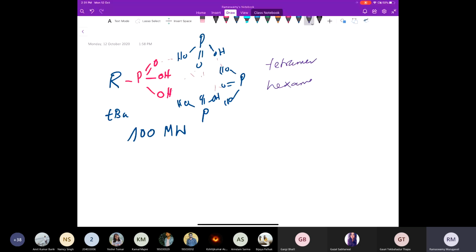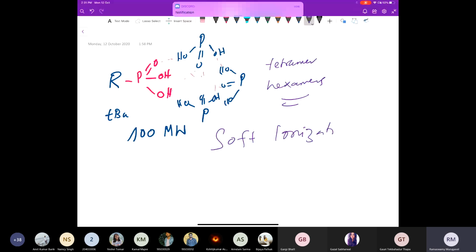If I have a very soft ionization technique, where I don't hit the molecule with a hammer but just brush it with a painting brush, adding or removing a proton in a very soft fashion, the clusters remain undisturbed. So I can even study in solution the association behavior of molecules.